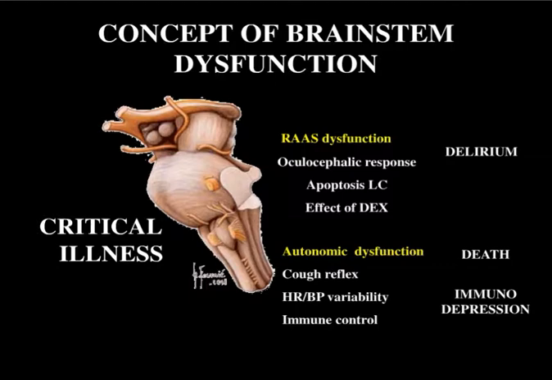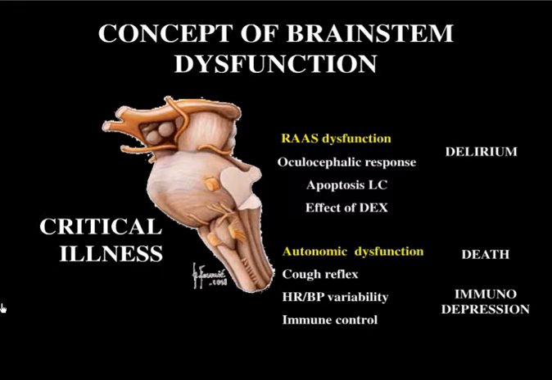And I think that we have data supporting this hypothesis. First, cough reflex maybe reflects an alteration of the lower part of the brainstem, which is the medulla, where the cardiovascular and the respiratory centers are.